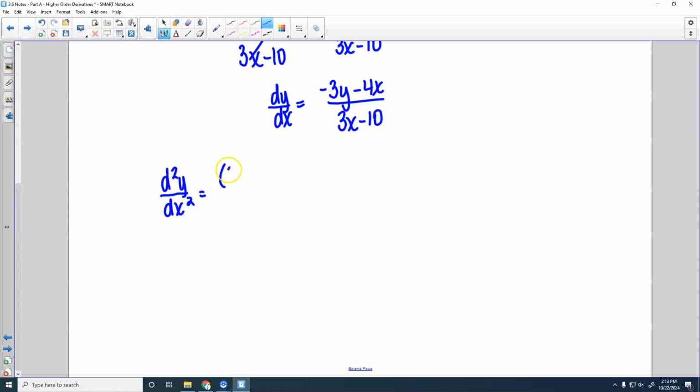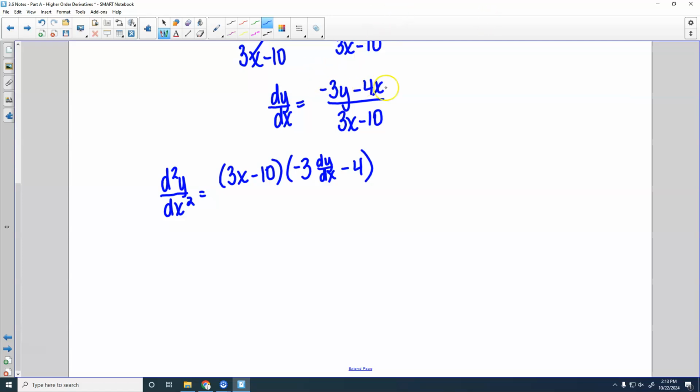we will have 3x minus 10 times the derivative of negative 3y minus 4x. So we're going to have negative 3 dy/dx minus 4. Make sure you've got parentheses around that. Why is it negative 3?